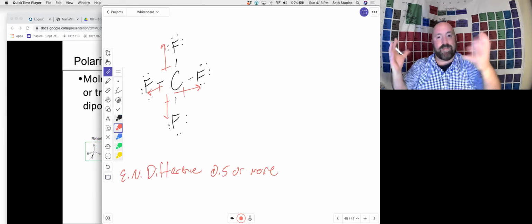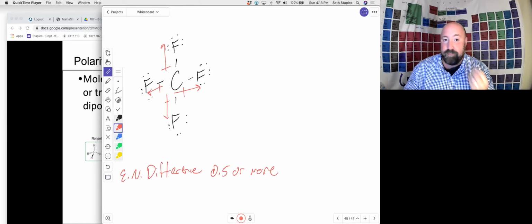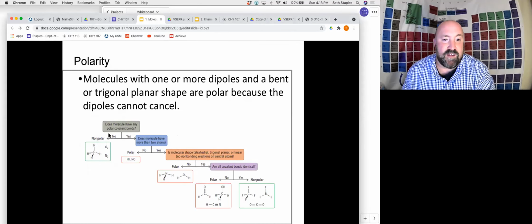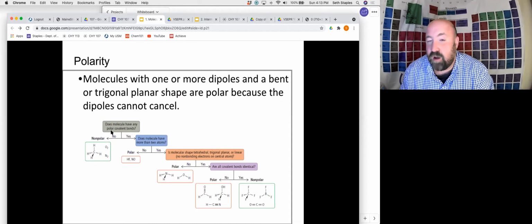But now we have to think about the three-dimensionality to figure out if the whole compound is actually polar, because these polar bonds might cancel each other out. And in fact, they do in a case like this. And so we go through our process here. So we first ask, does the molecule have any polar covalent bonds? Does it have any bonds at all where the atoms have an electronegativity difference of more than 0.5?